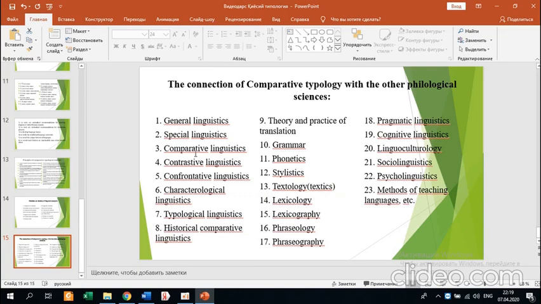So these methods are used extensively in general linguistics, and they are applicable in comparative typology as well. Among them, the method of comparative typological analysis is the main one. Others are helpful and effective when necessary.